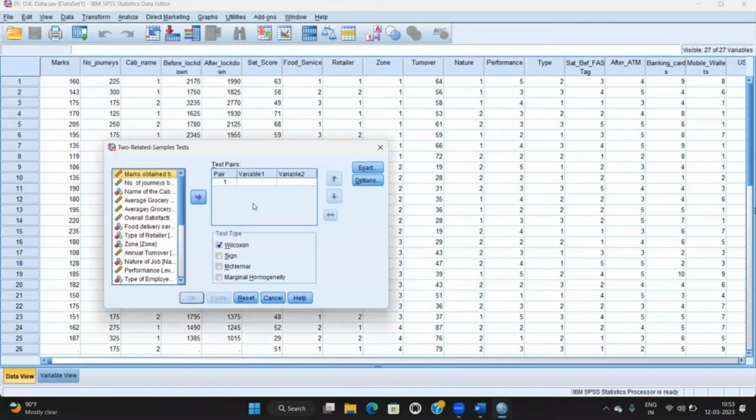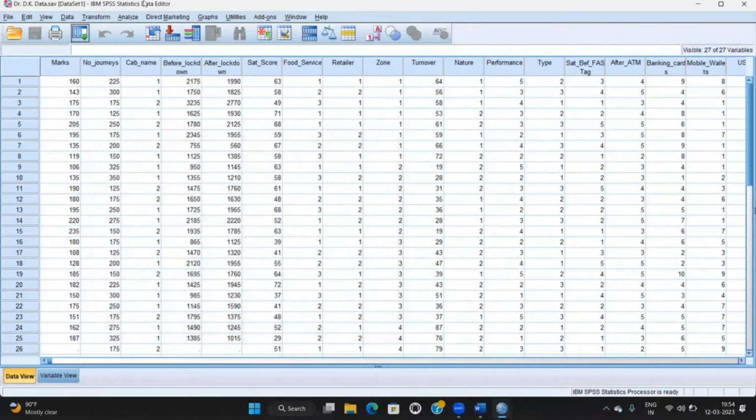The window appears like this. You have to select level of satisfaction before FASTag and level of satisfaction after FASTag. The Wilcoxon test is selected by default. Click OK.